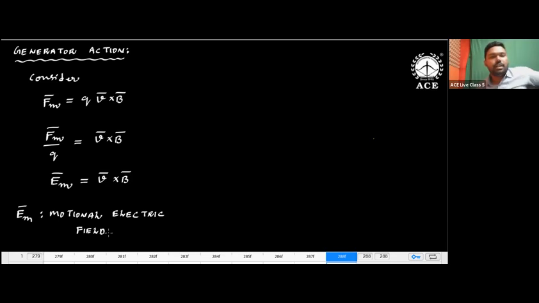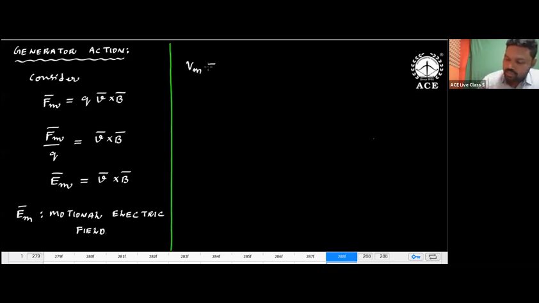So when you have the electric field, obviously you will have a potential. So how do you find out its potential? That is called motional voltage. How do you find out its voltage, beta? Vm is equal to closed line integral of Em into dl, which is equal to closed line integral of V cross B dot dl.